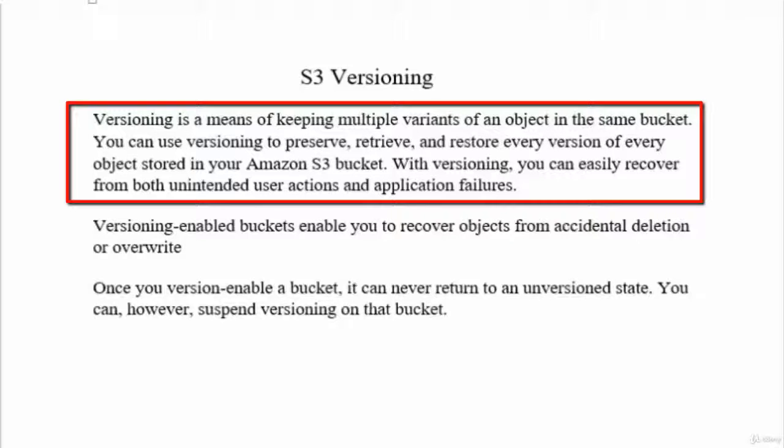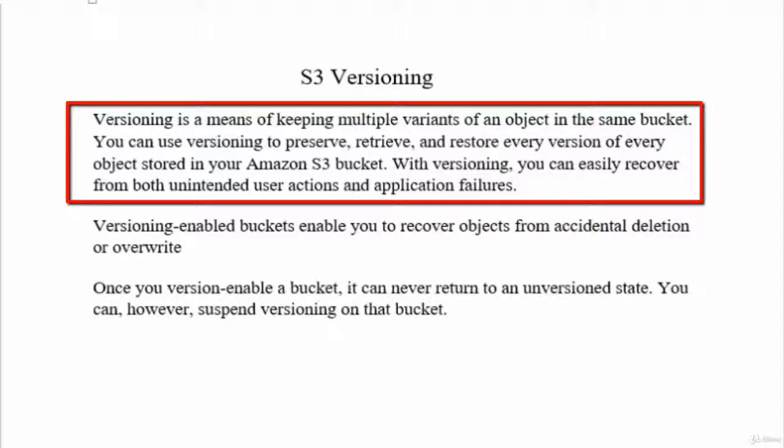And another thing about versioning: if you enable versioning, you cannot disable it. However, you can suspend it. So you can enable it once, but further you cannot disable or remove it. However, you can suspend it. Whatever versions have been created will still be present until you explicitly delete them.